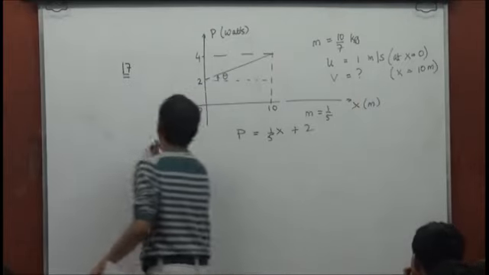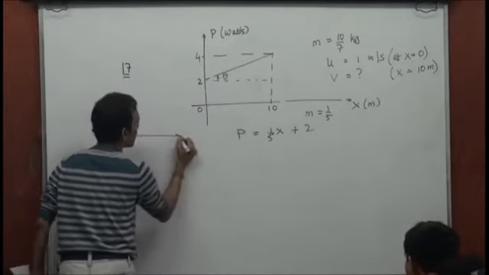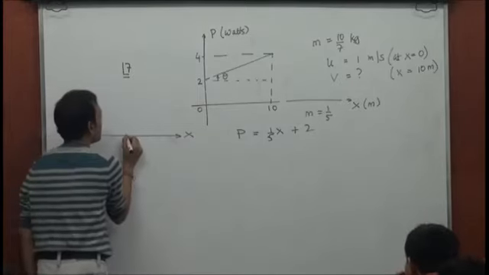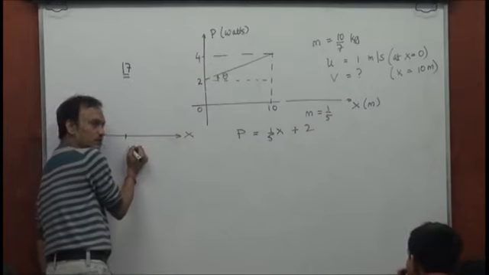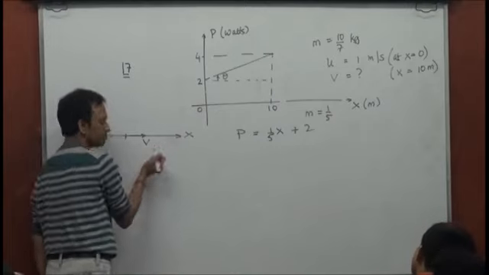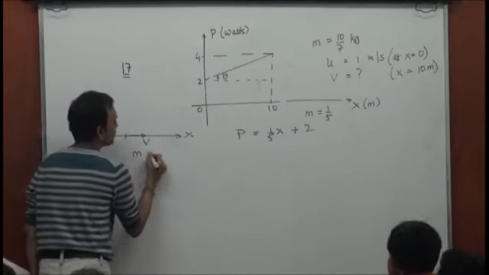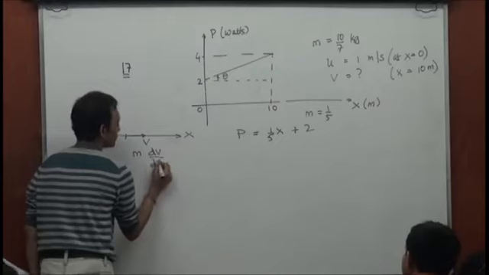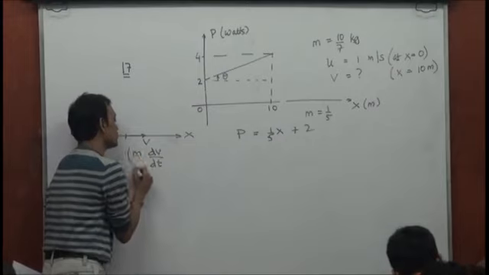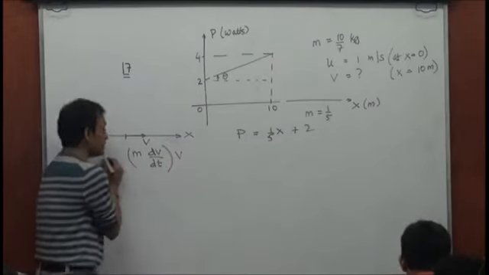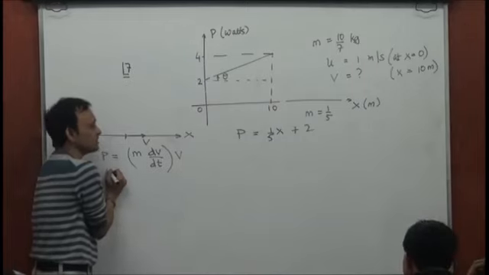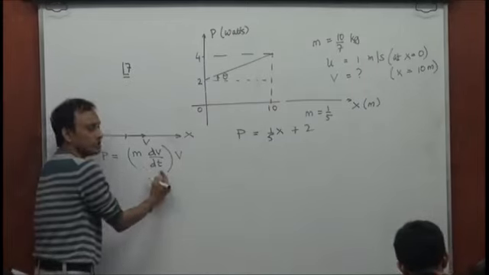Now, the particle is moving along the x-axis, right? At any given instant of time, if v is the velocity in the x direction, the force acting on it would be m dv/dt. The power associated would be force into velocity, that's going to be the power associated with this particle at any given instant. So m dv/dt into v.